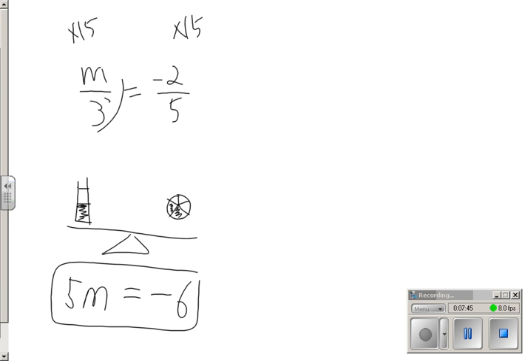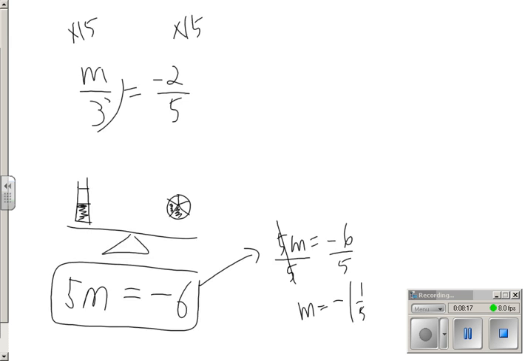What that allows me to do is see a fractional equation, something that has fractional versions of a variable and fractional equivalency, and create a new equation which is 15 times larger on both sides, but because it's 15 times larger on both sides, it's now whole numbers. Okay? So now I would just take 5m equals negative 6, divide both sides by the coefficient because I have good algebra sense. I have m equals the same answer that we had before, negative 6/5, or negative 1 1/5, or like I said before, negative 1.2.